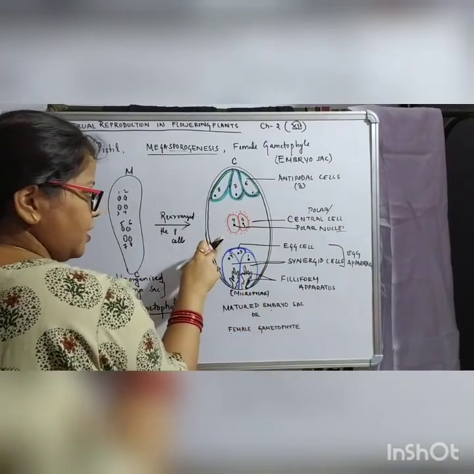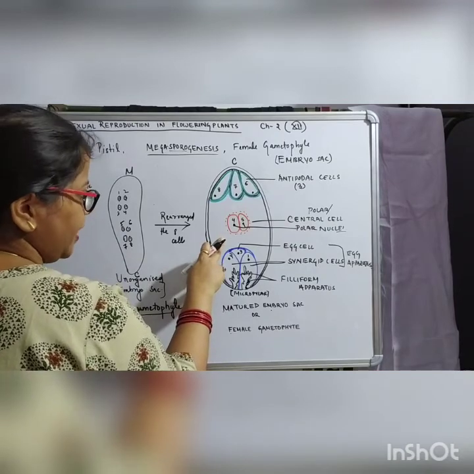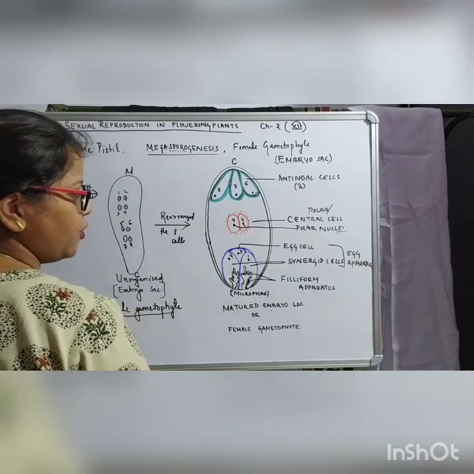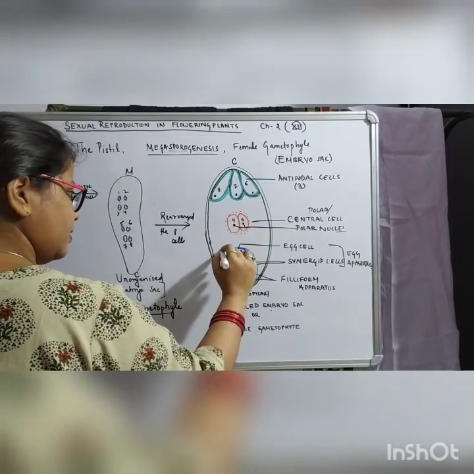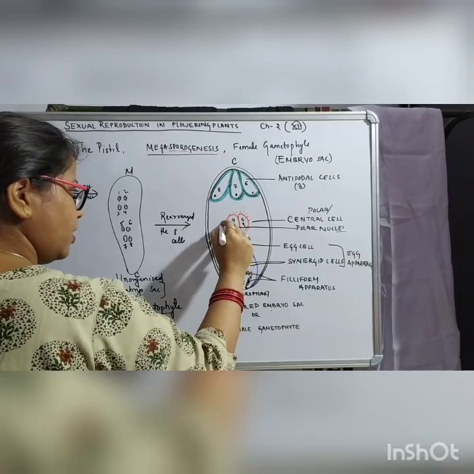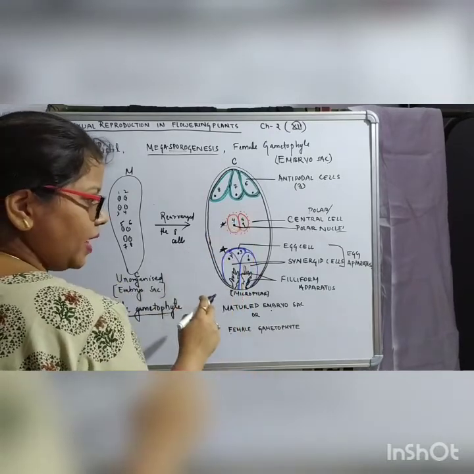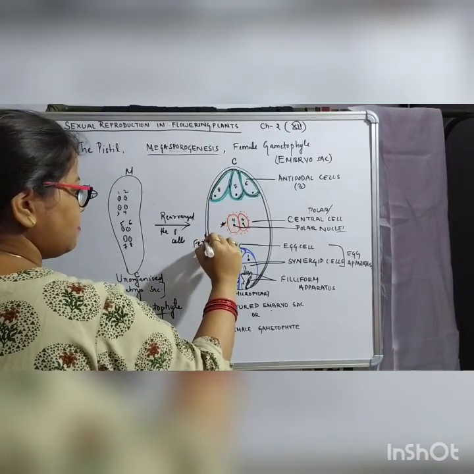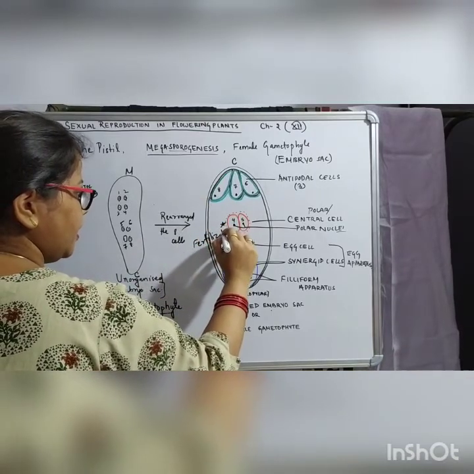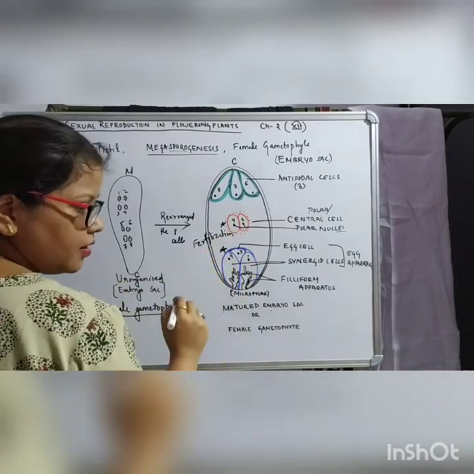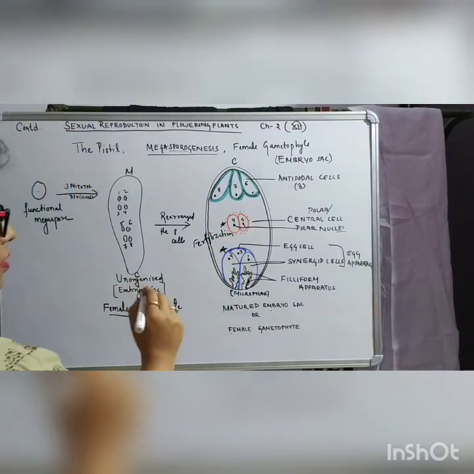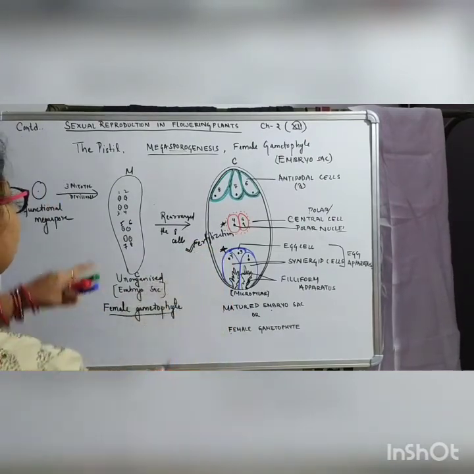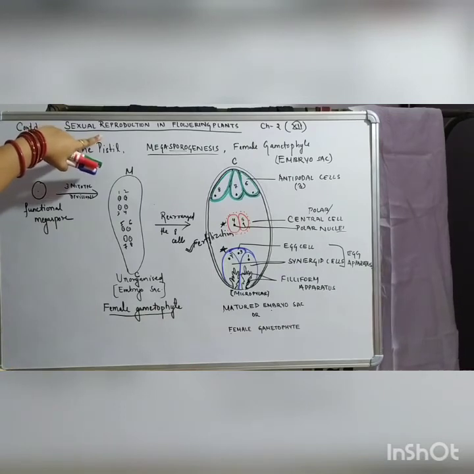This central cell is very important, as well as this whole egg apparatus is important, because this particular star marked one and these two would be taking part in the fertilization process, which is the important concept in sexual reproduction.